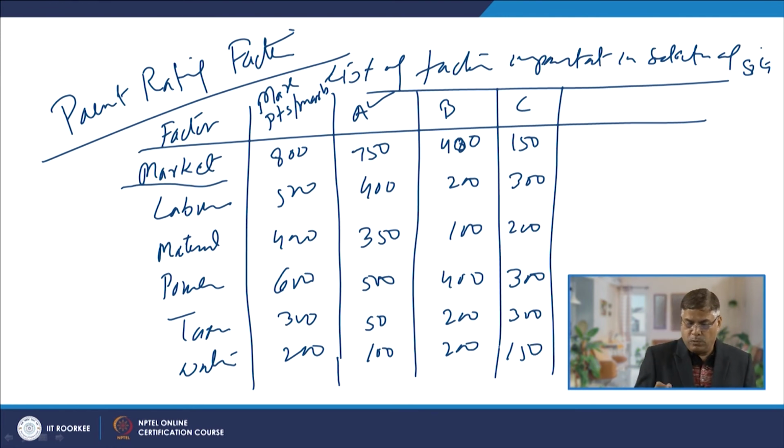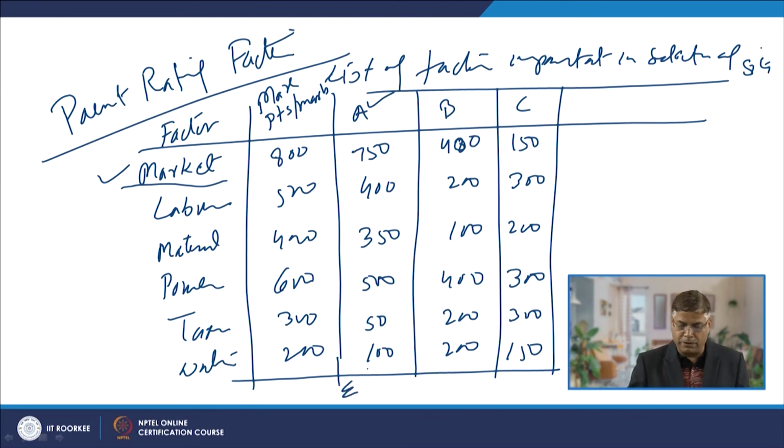Now, what we have done is give the maximum marks which can be allotted to a particular factor, and then different factors are rated on that scale. Here we have complete freedom to give any points or marks. Now, we obtain the sum of all these points or marks for each of these sites.